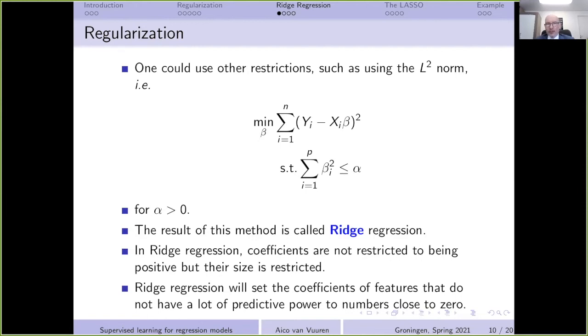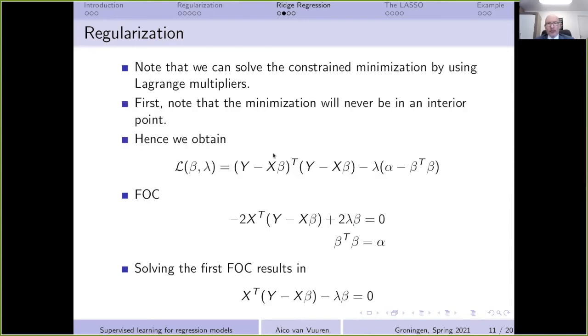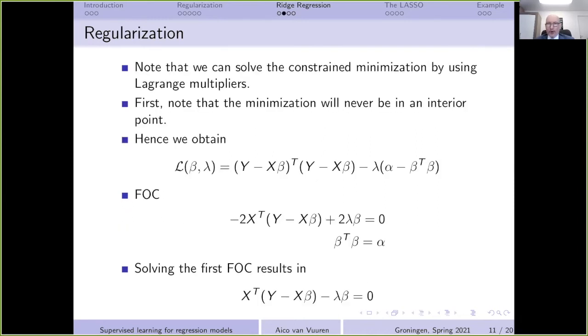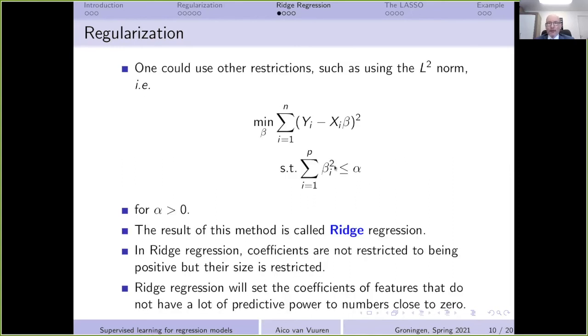Well, the Lagrange function is always equal to, first of all, this function that we have over here. In matrix notation, that looks like this. And then in addition to that, we are always going to have minus lambda multiplied by the restriction, but we have to write it in such a way that we have 0 at the right hand side.